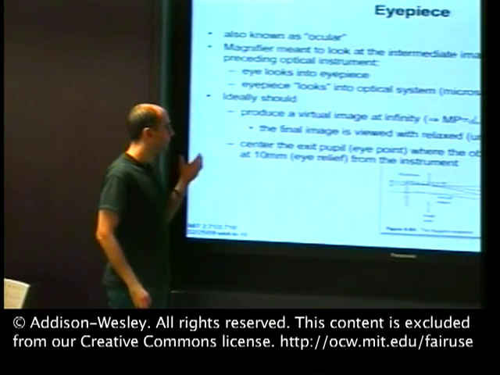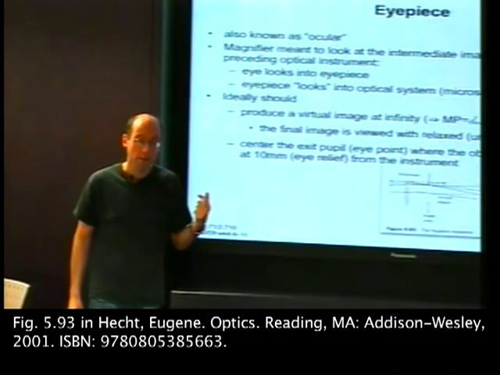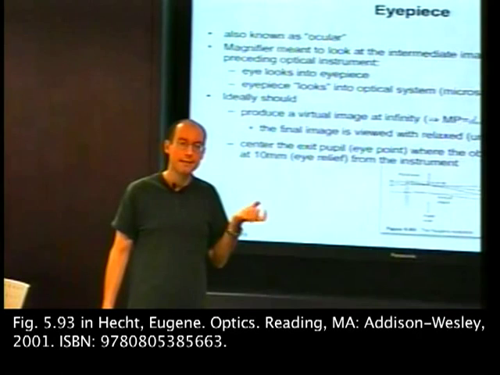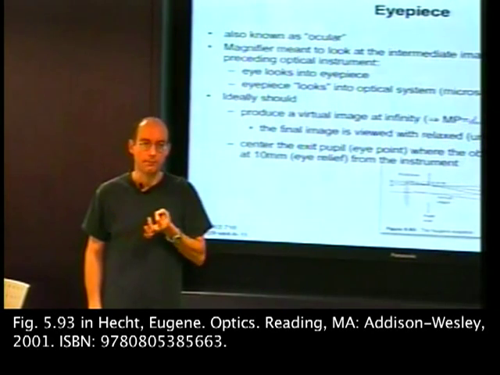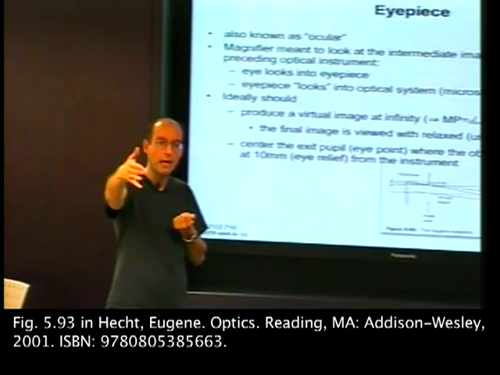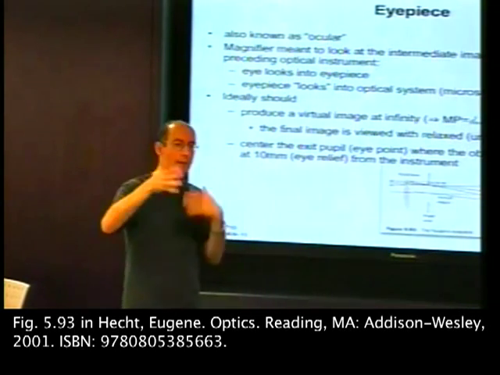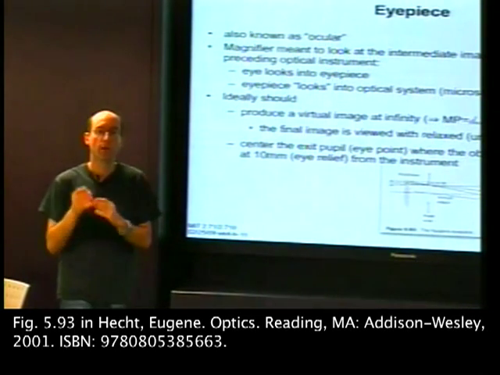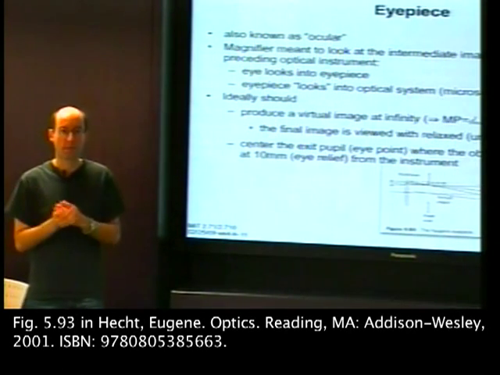And because eyepieces were traditionally designed for humans, they are typically designed like a magnifier with the same principle that I described before that forms an image at infinity. So therefore the observer, when he or she looks into the eyepiece, can use an unaccommodated eye and observe the magnified image without having to strain their eyes. Okay? So this is the standard use of an eyepiece.